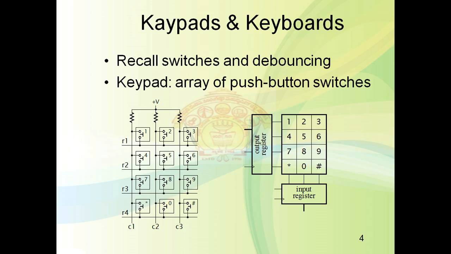If more than one key in a given row is pressed at the same time, all the corresponding columns will be pulled down. Thus we are able to determine which key is pressed. In this way we can sense which switch is pressed.